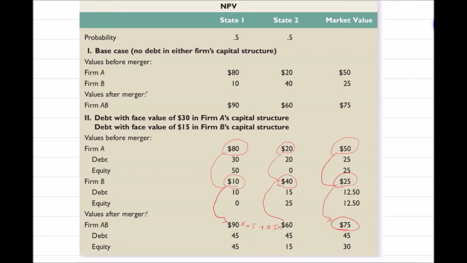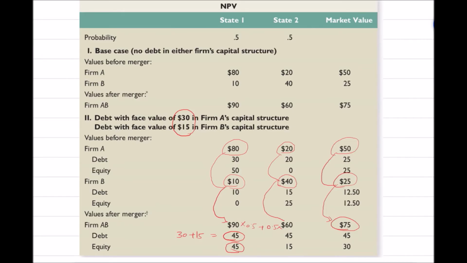Now here is the tricky part. Debt has a face value of 30 plus 15, so total makes 45. So if the total value is 90 and 45 is debt, then the remaining belongs to equity, right?